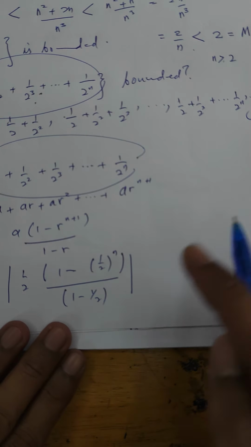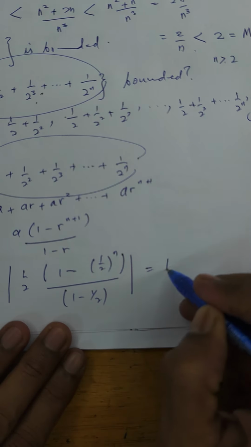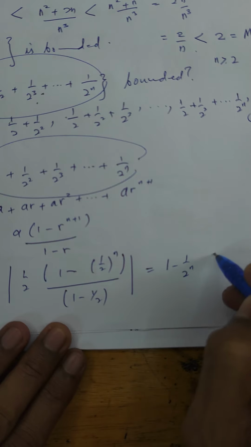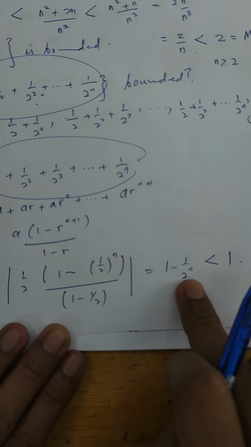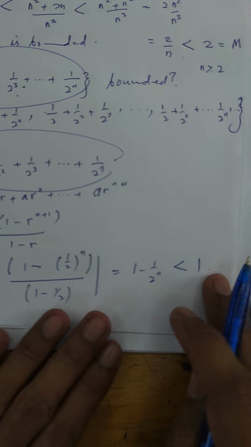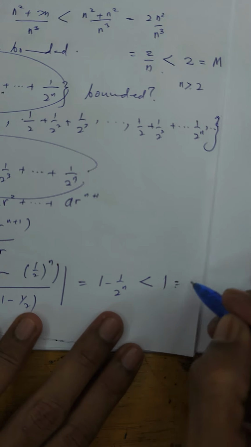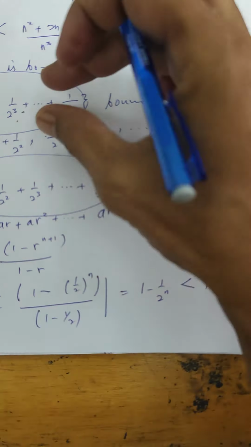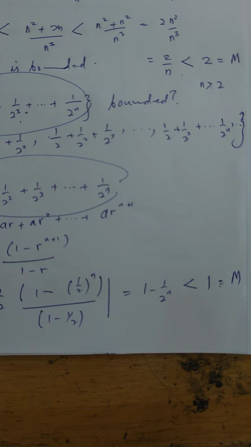Then from there, you have 1 minus 1 over 2 to the n, which is less than 1. 1 minus something is less than 1. So this is your M. Therefore that sequence is bounded.